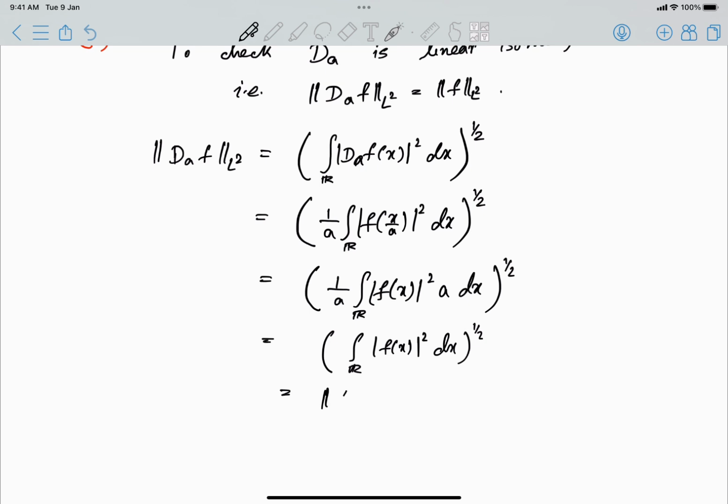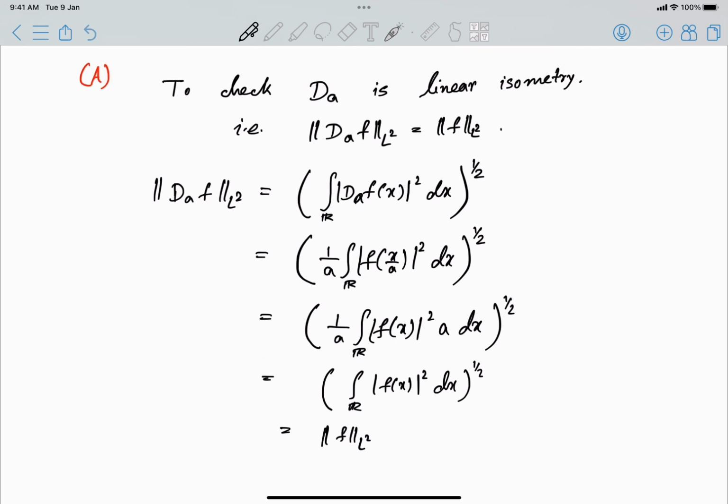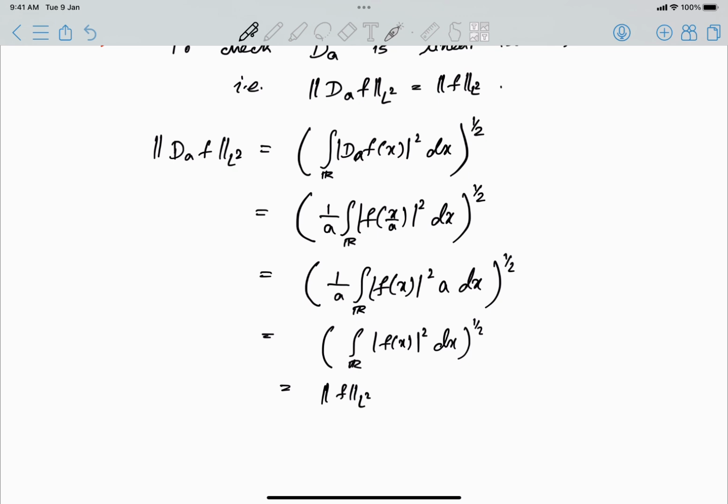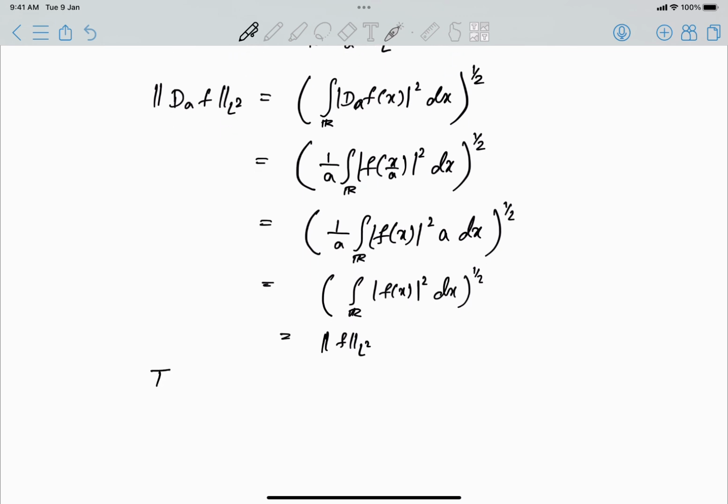So this is the L2 norm of f. So what you've got is that the L2 norm of dA of f is the same as the L2 norm of f. So therefore dA is a linear isometry. So the first option is correct.